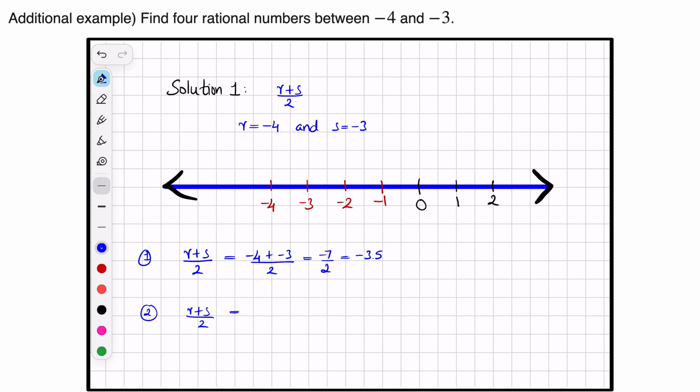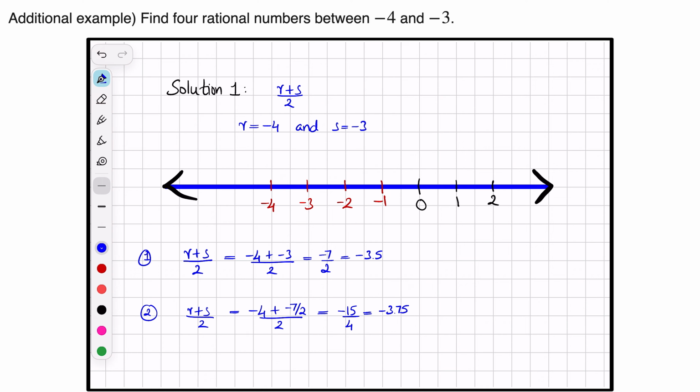I use the same r, -4, and for s I will use -7/2. So it is (-4 + -7/2)/2, and you will get -15/4. If you calculate, you will get -3.75. So we have found two numbers.